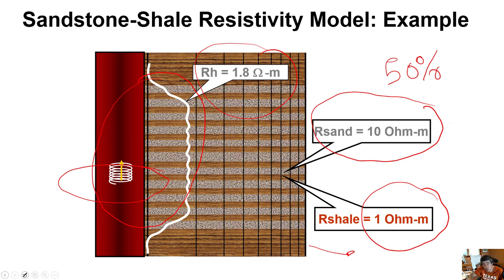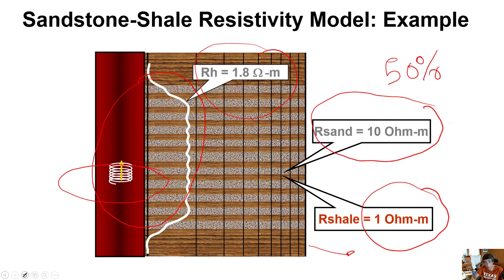Then, because the resistivity is so low compared to the actual resistivity of the sandstone, you are going to erroneously conclude that the sandstone has very high water saturation, which is not the case. All of these sandstones are hydrocarbon saturated, but because of the intervening electrical resistivity of the intralayers of shale, the resistivity parallel to the bedding plane has been much lower than the actual sand resistivity.